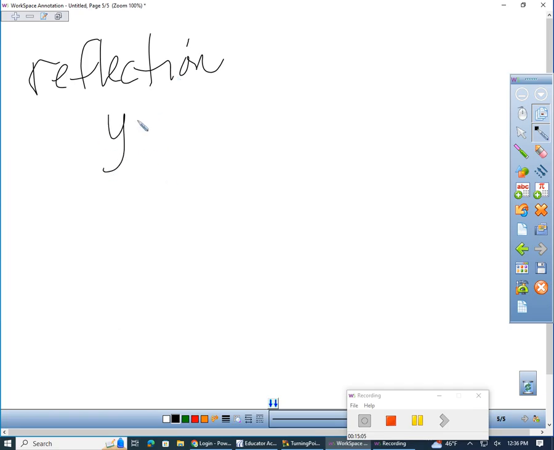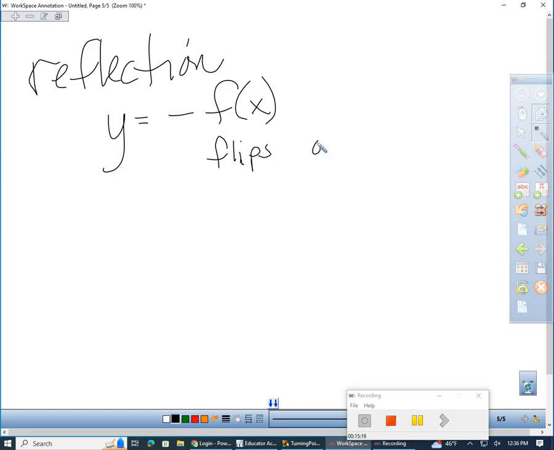If I have y equals negative f of x, so there's a negative in front of my whole function, this flips over x. If I have y equals f of negative x, this flips over y.